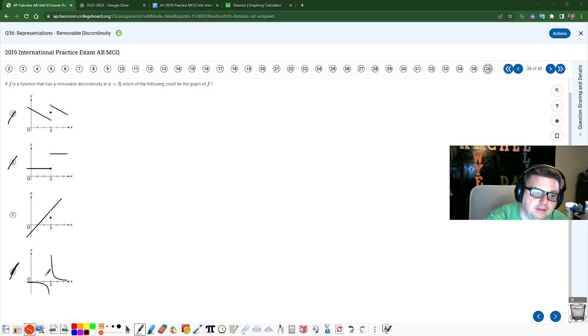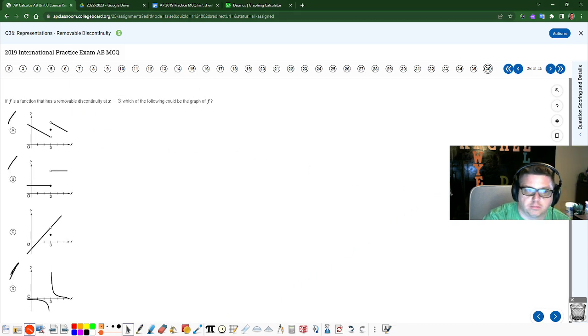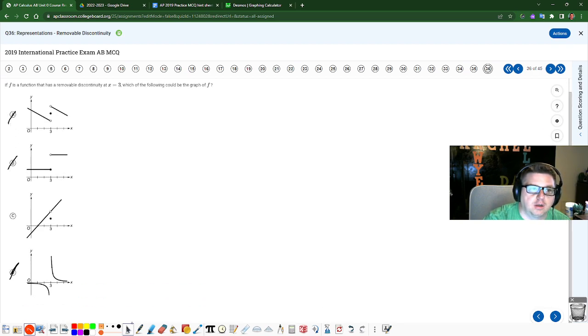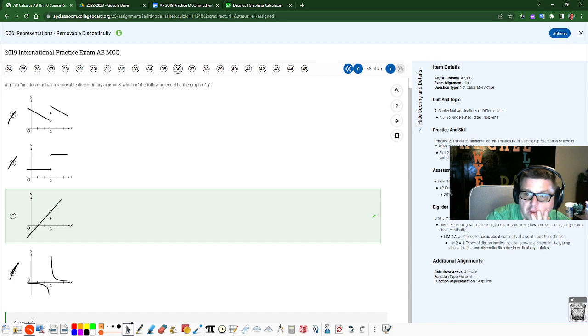What happens with D? That's an asymptote. That's not even a removable discontinuity. For me, there was only one clear-cut winner, but be careful because it says check all that apply, but I only see one winner. I've been known to be wrong before, but I'm not in this case. So that is a removable discontinuity.